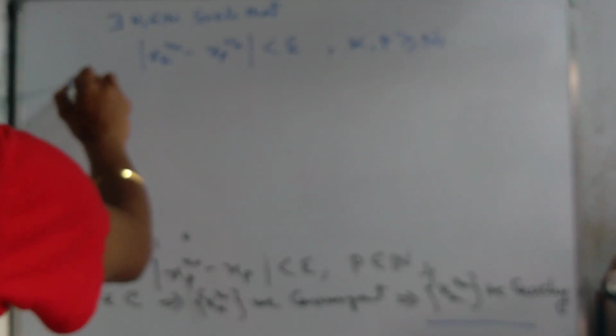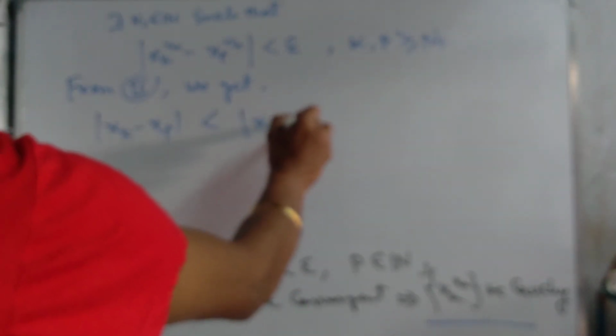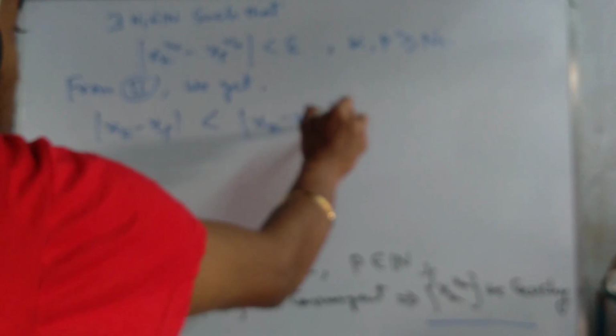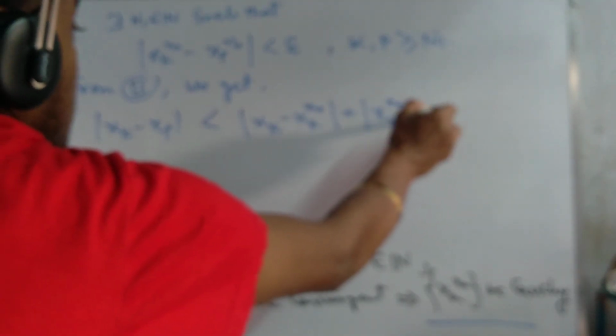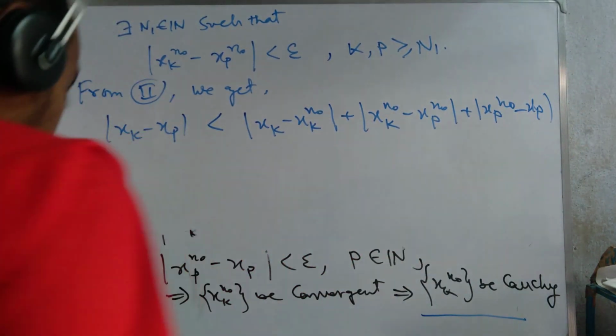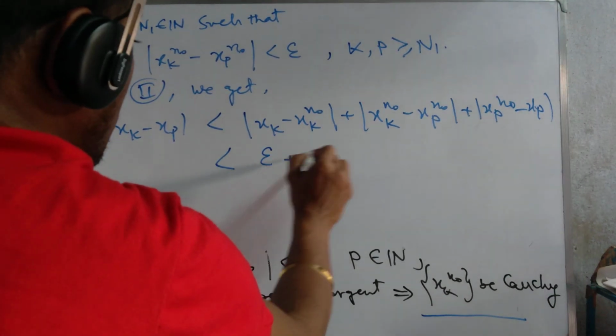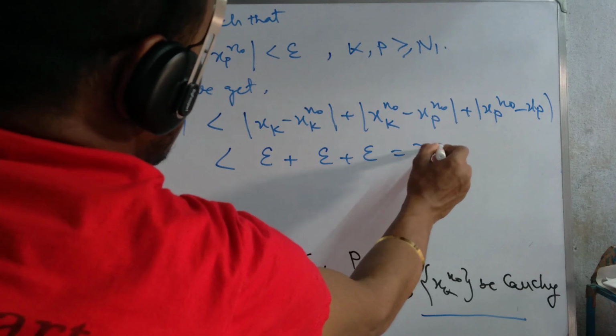Then from 2 we get |x_k minus x_p| less than |x_k minus x_k^(n0)| plus |x_k^(n0) minus x_p^(n0)| plus |x_p^(n0) minus x_p|, which is less than epsilon plus epsilon plus epsilon, that is 3 epsilon.